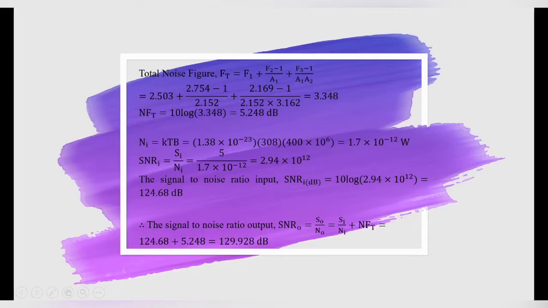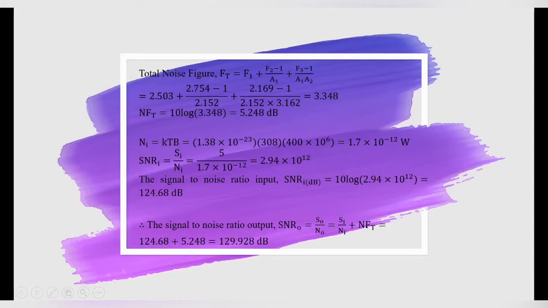By using the value of the received signal input and also the bandwidth, first we calculate the input noise, which is equal to kTB, where k is the Boltzmann constant, T is the absolute temperature in Kelvin, and B is the bandwidth. So we got 1.7 times 10 to the power of negative 12 watt.